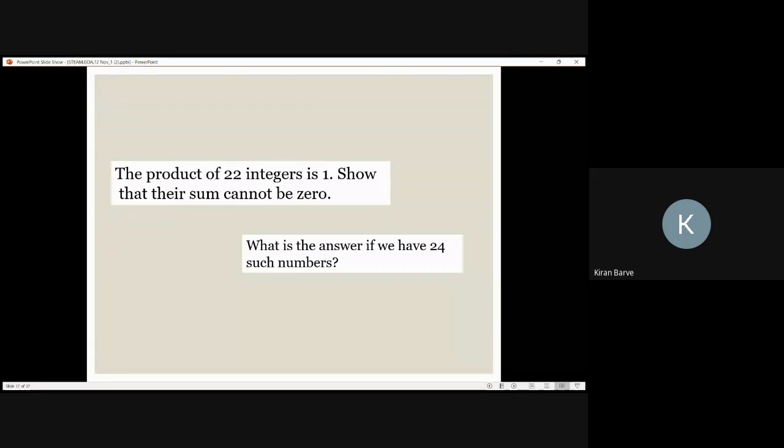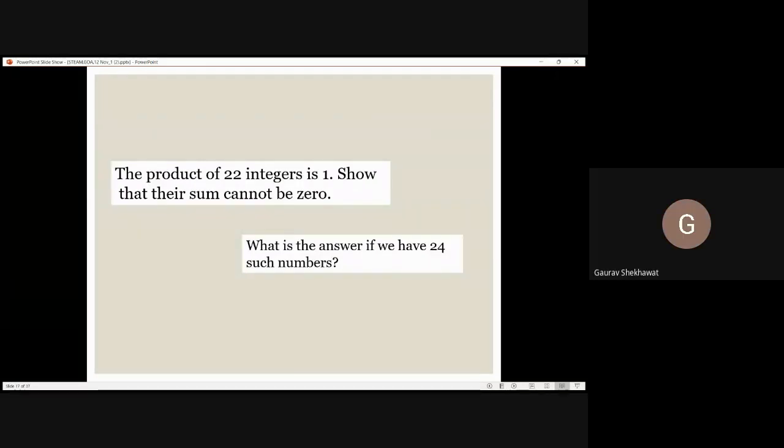Now, how many ones are there and how many minus ones should be there? Sir, if the sum is 0, then there should be... See, no, wait a minute. Somebody said that 11 ones are there, then 11 minus ones are there.